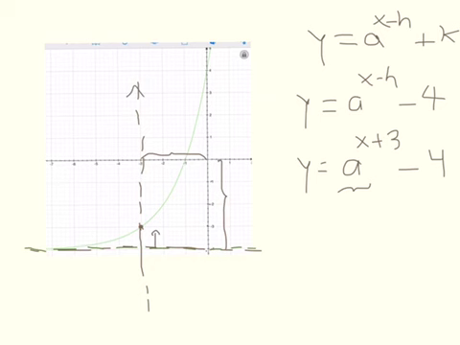So this is my new y-axis, and according to this new set of axes, this is 0, 1, so we're looking for 1. When x is 1 in my new x-axis, the value of y will be 2, and that's the base. So y equals 2 to the x plus 3 minus 4.